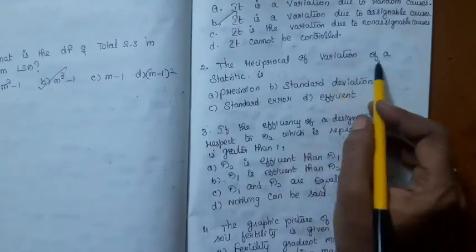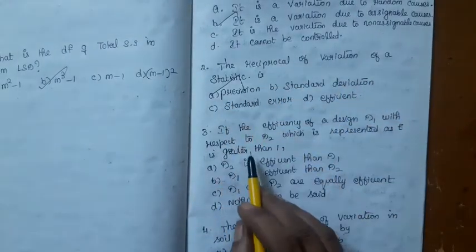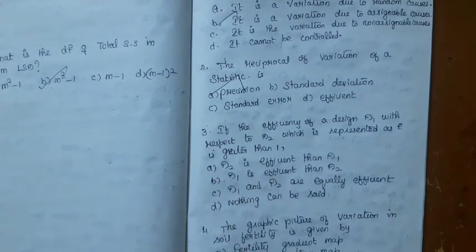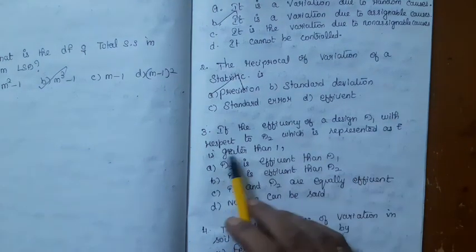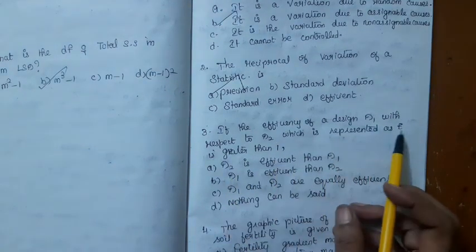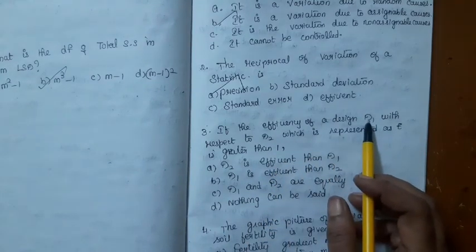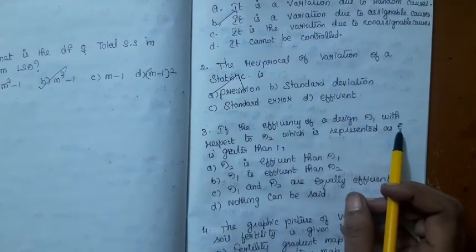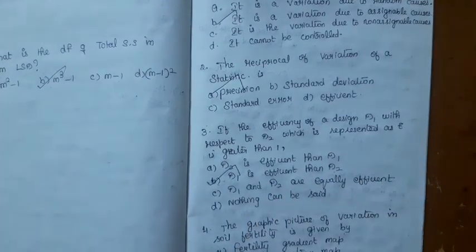The reciprocal of variance is an index for precision of a statistic. If the efficiency of a design D1 with respect to D2, which is represented as E, is greater than 1, D1 is more efficient than D2.